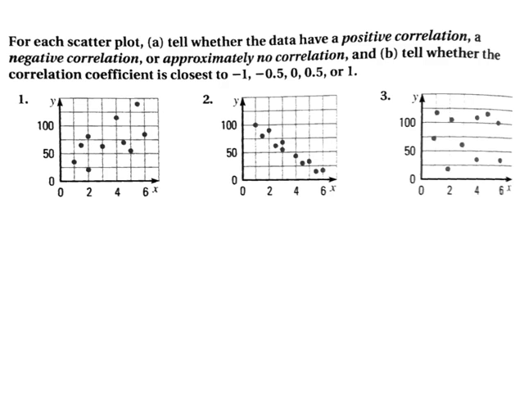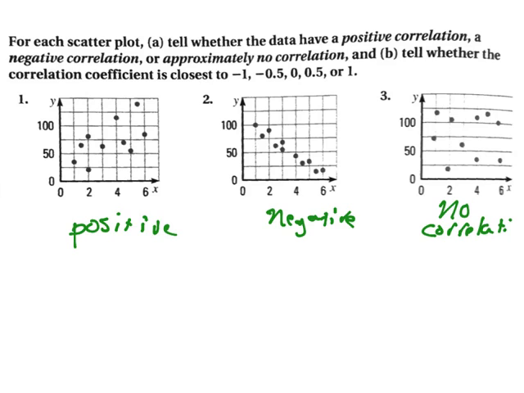Okay, again, we're going to decide whether these are a positive, negative, or no correlation. This one's a positive, negative, no. And then we need to decide what kind of slope we have.